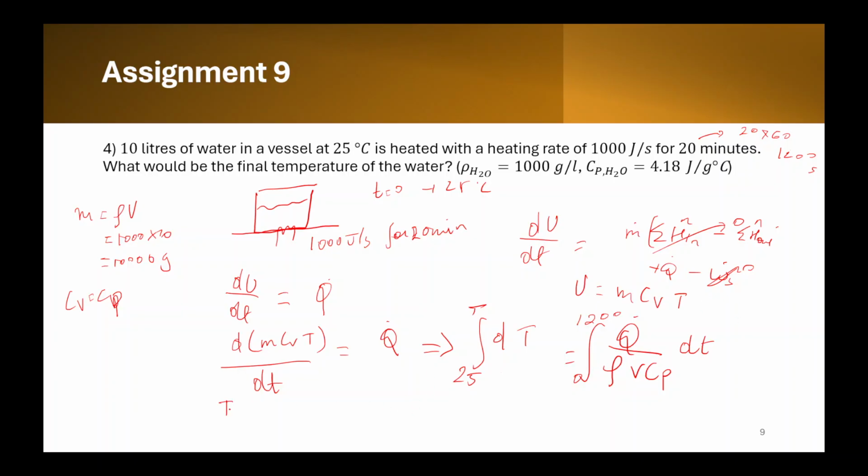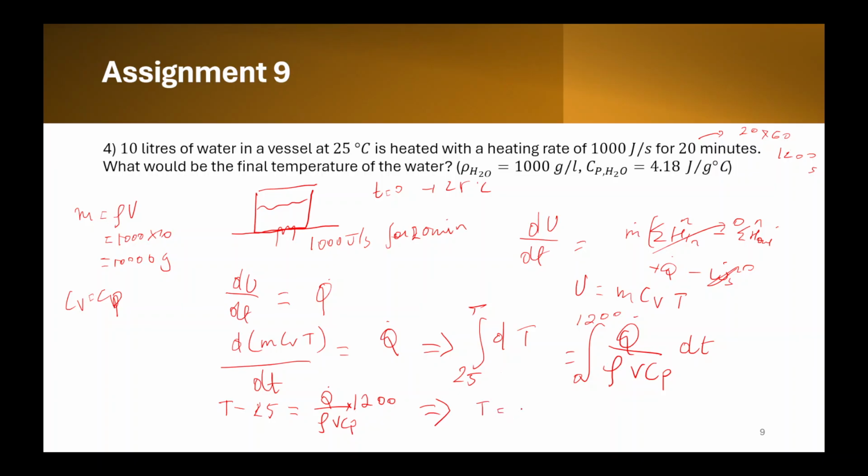So if you integrate this, you get T minus 25 equal to q dot by rho V Cp into the integration of dt, which will be t itself, 1200. We substitute the values here.